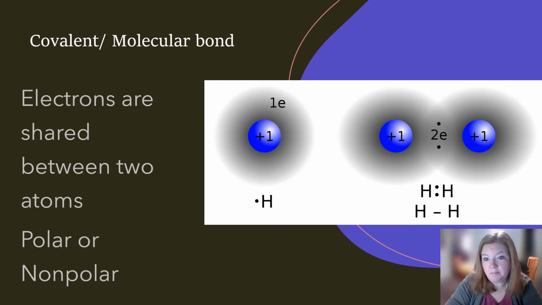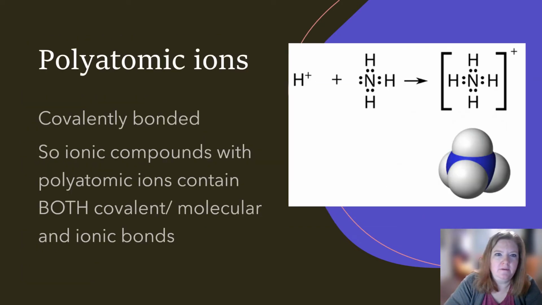In a covalent bond, also called a molecular bond, electrons are not transferred. They're shared. They exist between the 2 atoms. And covalent bonds can be polar or nonpolar. Hopefully some of that sounds familiar. We have polyatomic ions. So polyatomic ions are a little tricky in that the bonds within the polyatomic ion are covalent, but they have a charge.